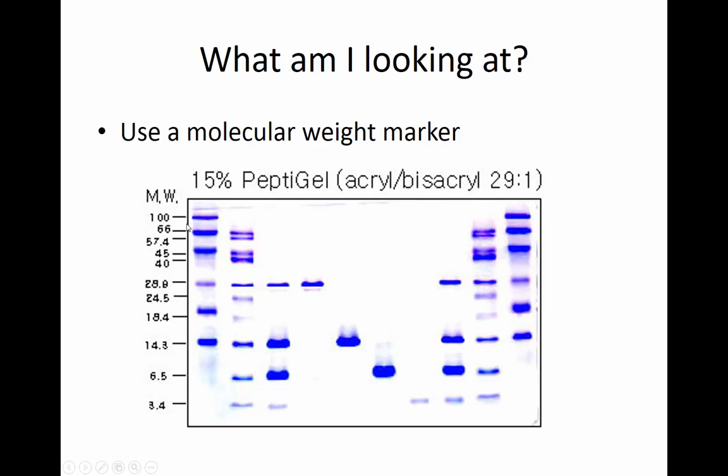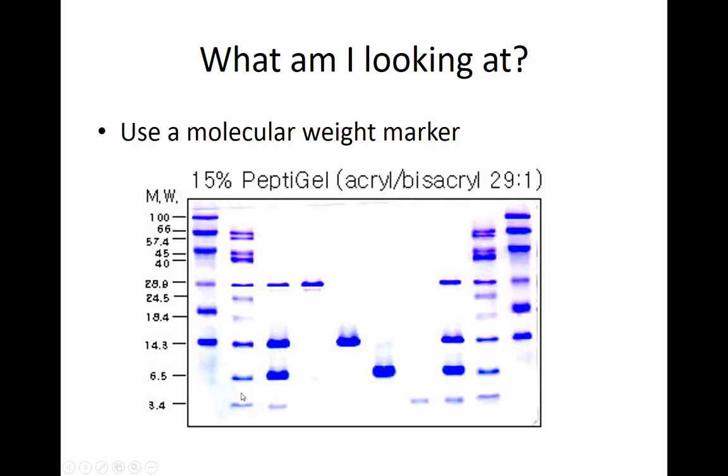So in our lab, we will load the molecular weight marker so we can keep track of where things are. In this molecular weight marker, we've got like 100 kilodaltons down to 3.4 kilodaltons. So it's a pretty good size range for most proteins.